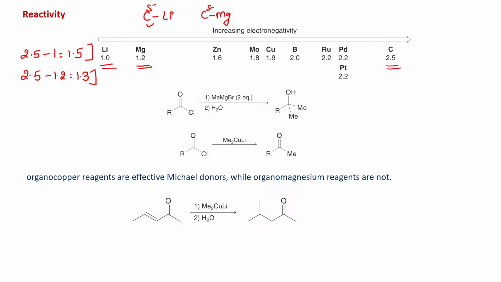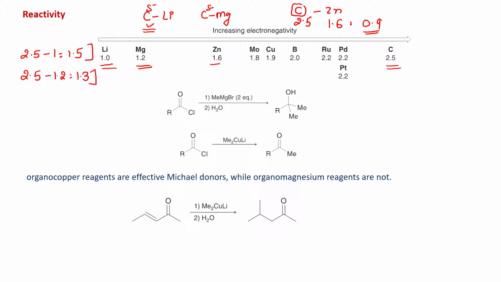Also you can compare other metals like carbon and zinc. So carbon is 2.5 and zinc is 1.6, you will get 0.9. This means the carbon is less nucleophilic compared to this carbon.